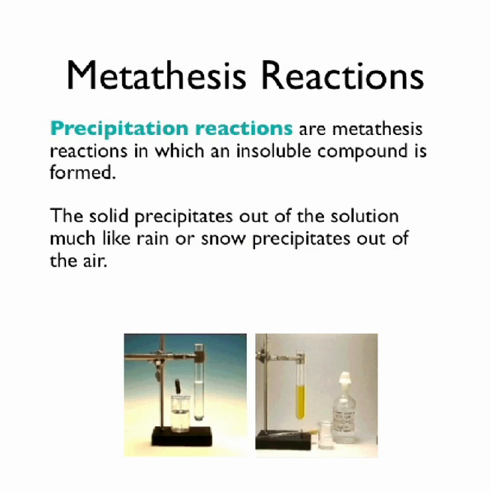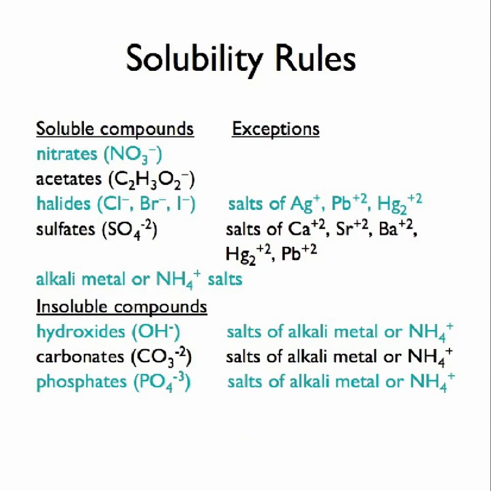To be able to predict what our product is, we will need to know the solubility rules again. They are shown on this slide. Very quickly, all nitrates are soluble, all acetates are soluble, all halides are soluble except for silver, lead 2, and mercury 1.